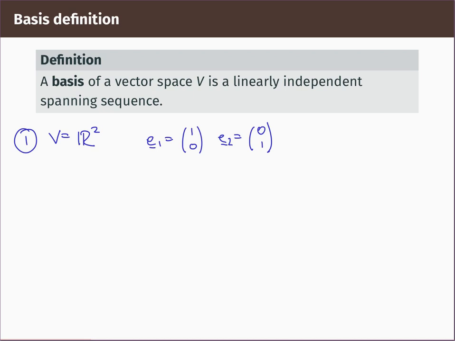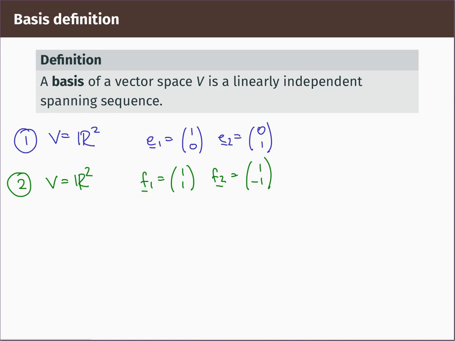But we also did another example with the same vector space. If I take F1 to be (1, 1) and F2 to be (1, -1), then again we checked that those are linearly independent, and we also checked that they are a spanning sequence for R squared. So those are also a basis for R squared.